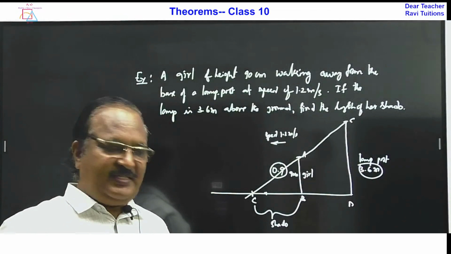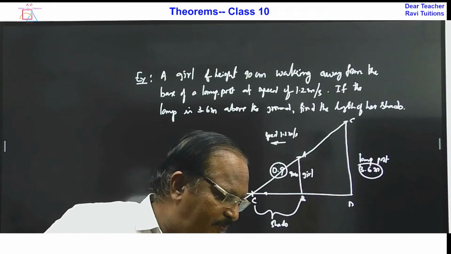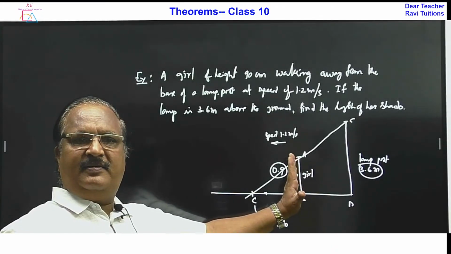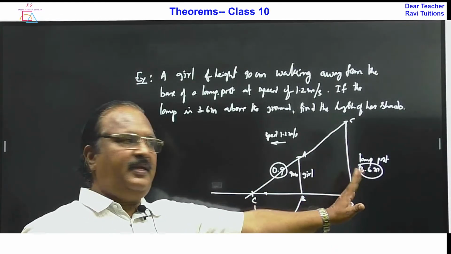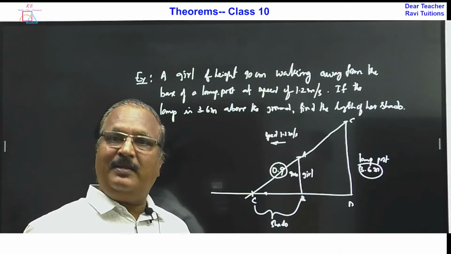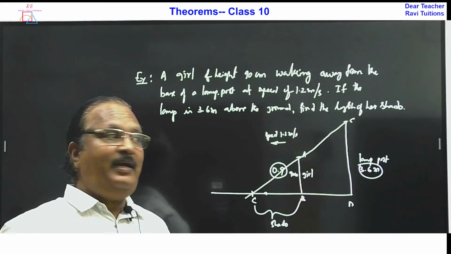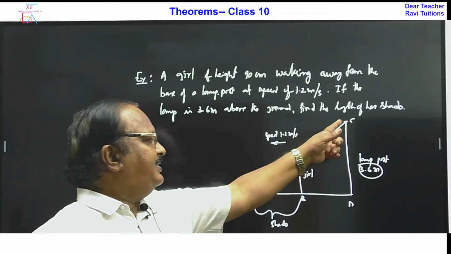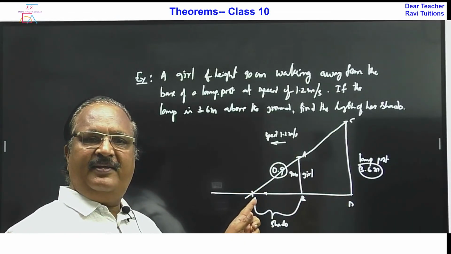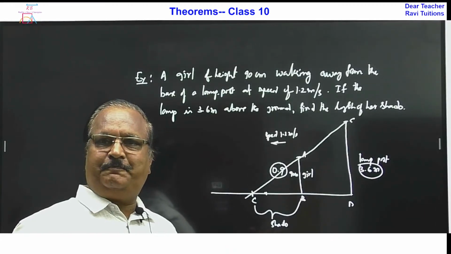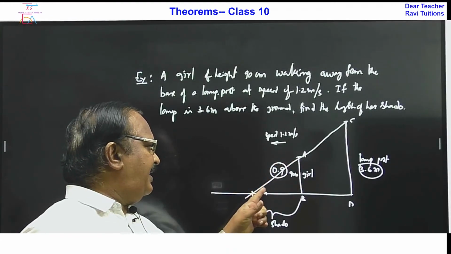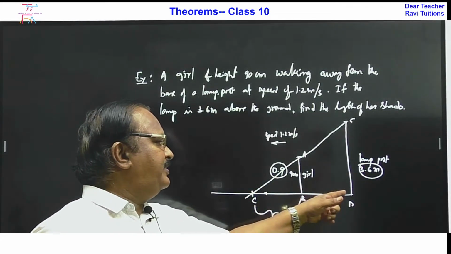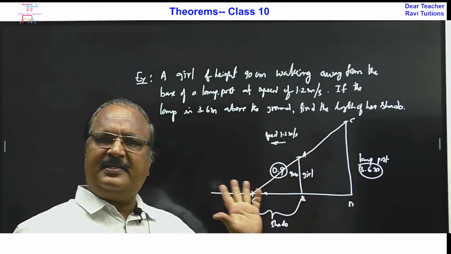Once you draw the figure properly, then you will get everything. The girl is perpendicular, the lamp post is perpendicular, that means these two lines are parallel. And there are two triangles, one is triangle ABC, the other one is triangle CDC. Both triangles are similar because for both, angle C is the common angle and corresponding angles are equal. Angle B is equal to angle D, angle A. So both triangles are similar.